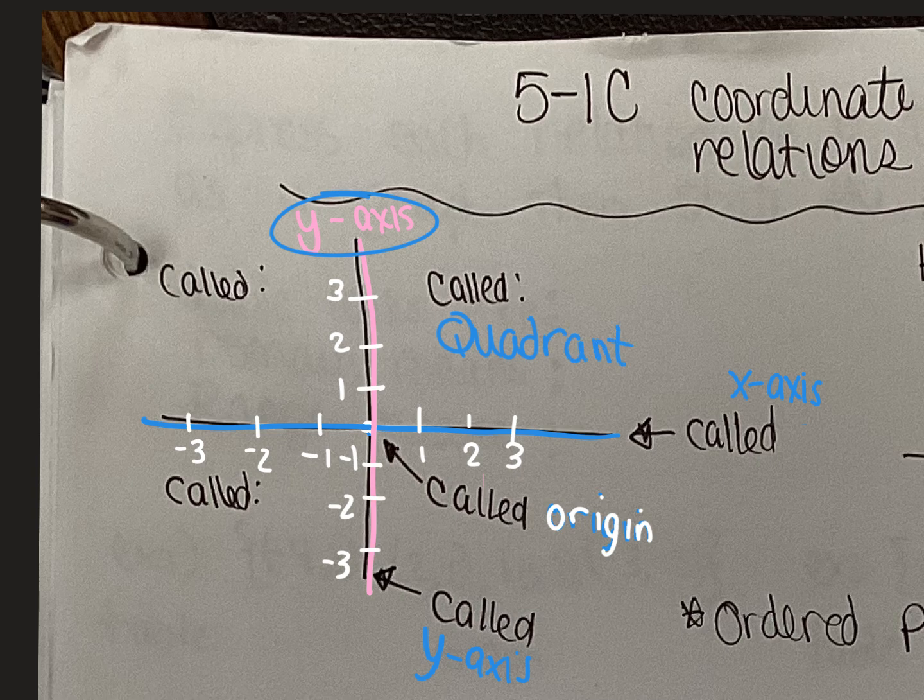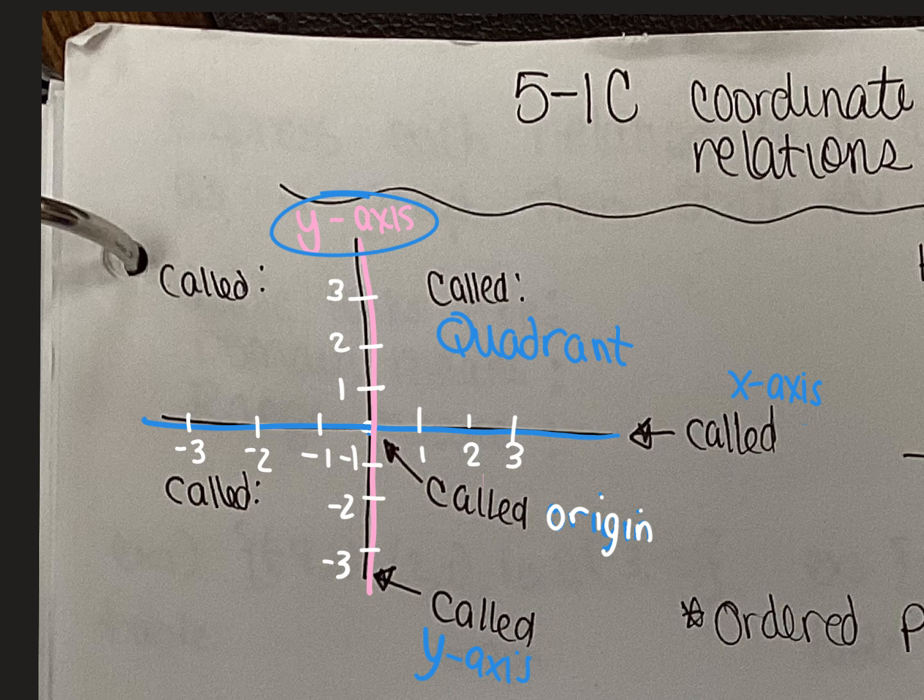Quadrant starts with the prefix quad, like quadrilateral has 4 sides, or a four-wheeler is sometimes called a quad. Sometimes when you go to college, you can have a dorm room that has 4 bedrooms, and those are called quads. So we have 4 sections.